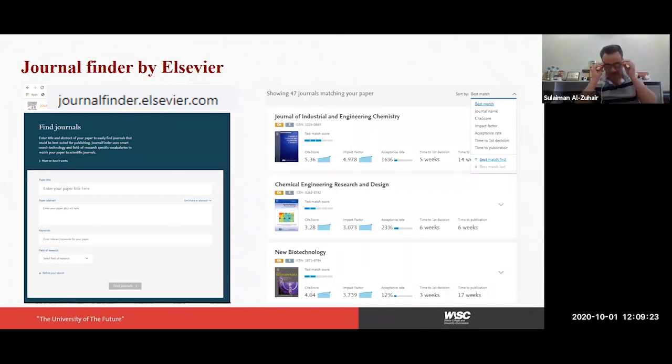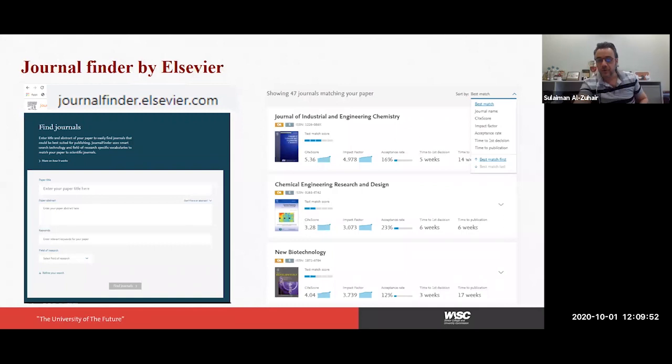This field match is important because when you build your portfolio, you need your field match to be within the field that you want. So you choose the field that you want to focus all your publications on. After you do that, you click on Find Journals, and it will give you something like what you see on the right there. You can now sort them according to different things: best match, journal name, CiteScore, impact factor, acceptance rate.